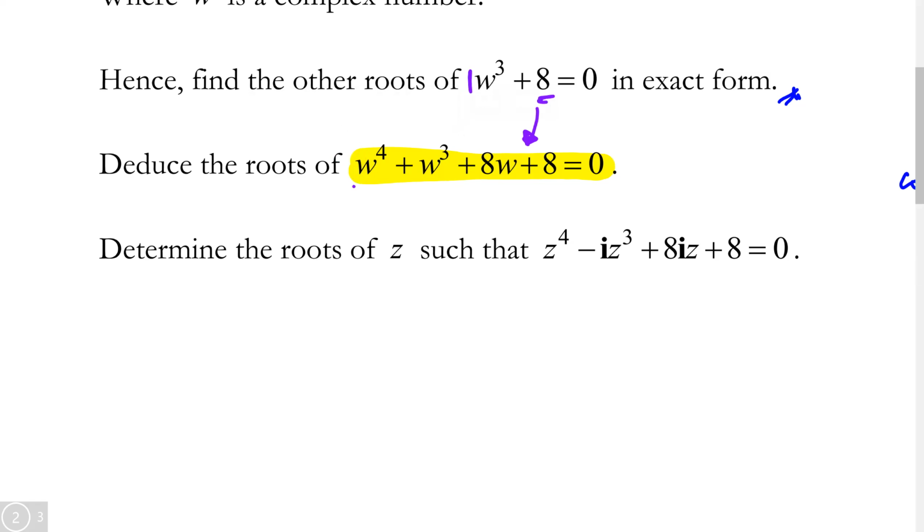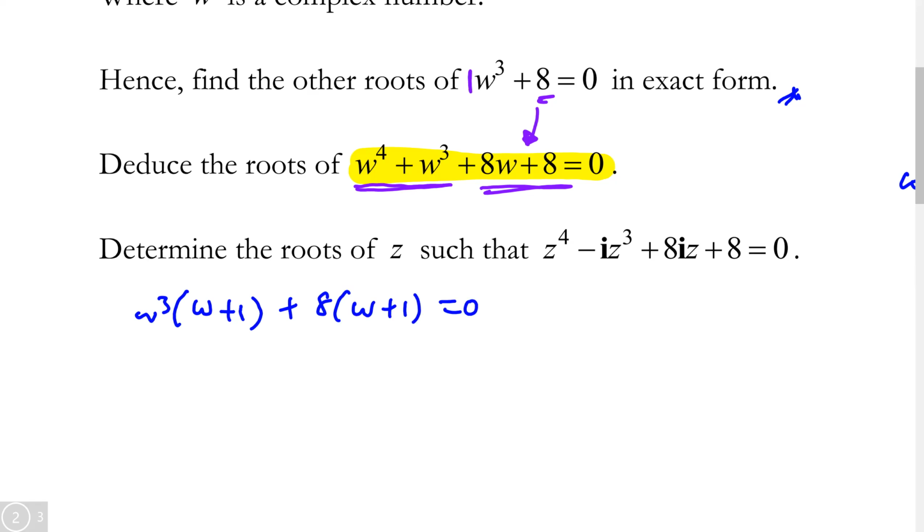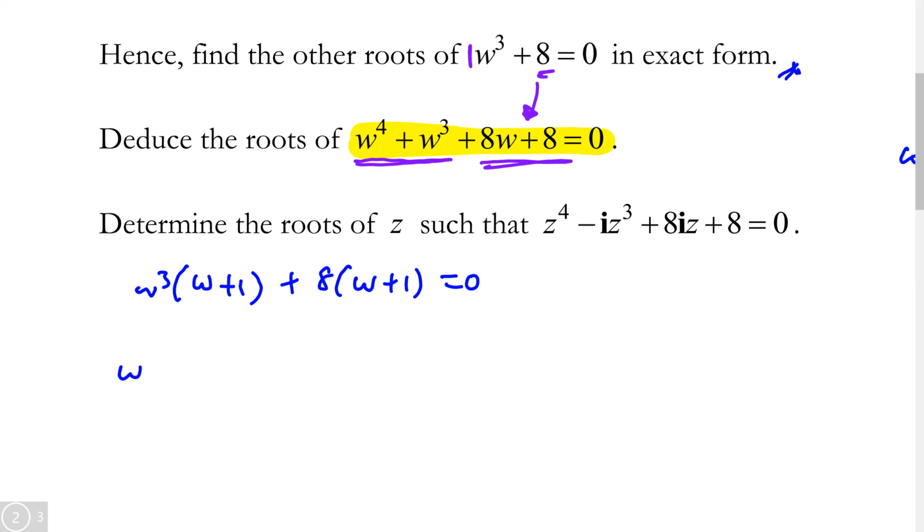I could factorize the w cubed here, and factorize the 8 out on this side. So pulling w cubed out, this is w plus 1, and this would be 8 times w plus 1 equals 0. I realized that I could factorize w plus 1 out, leaving w cubed plus 8 equals 0.